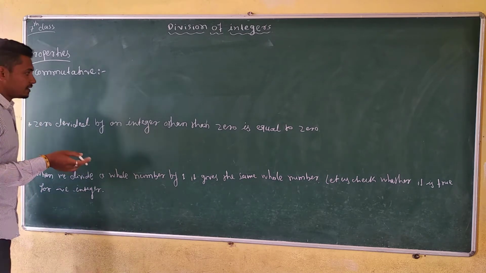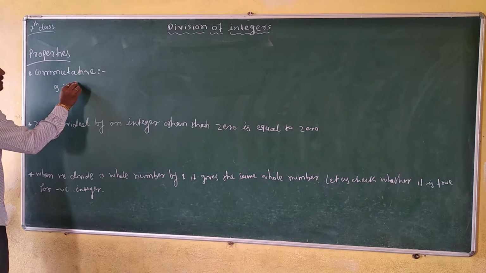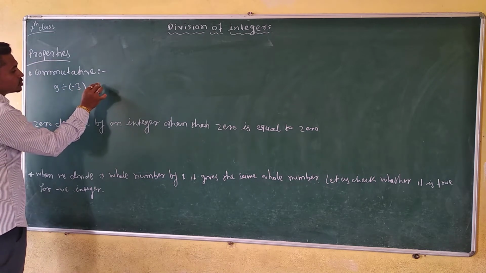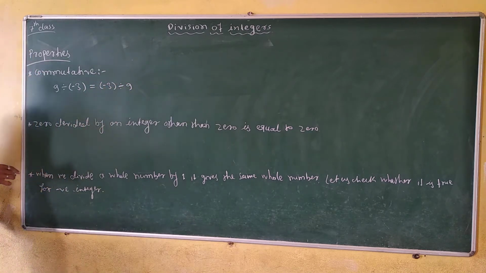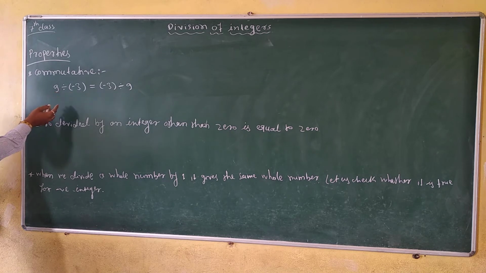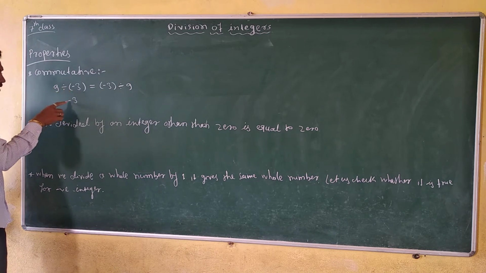integers. Let's check. See here, 9 divided by minus 3 compared with minus 3 divided by 9. 9 divided by minus 3 is minus 3, because plus divided by minus gives minus, and 3 threes are 9.